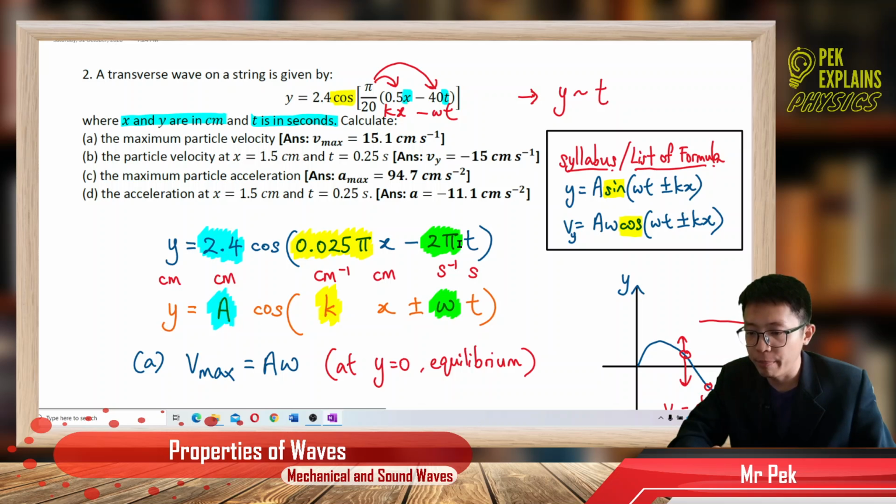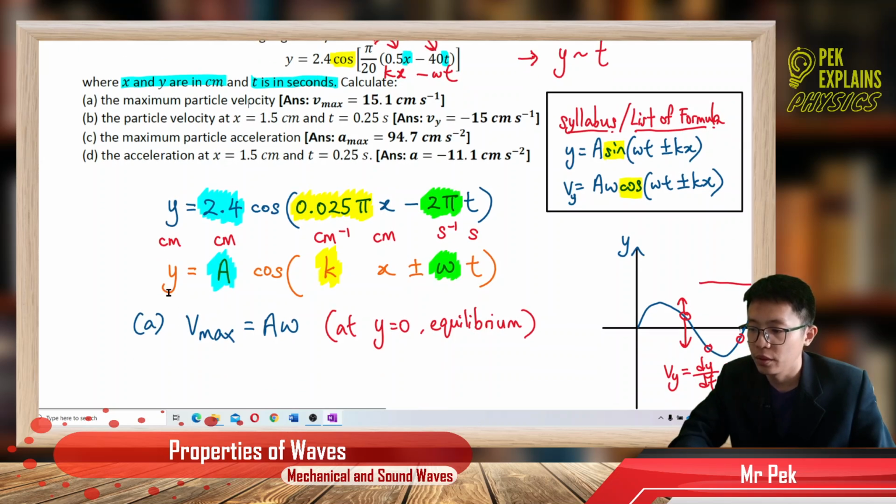So I compare this equation with y equal to a cos. Yeah, I use cos. And in front of the x must be k. In front of the time must be omega. So it is kx plus minus omega t. In our syllabus, we are using omega t plus minus kx.